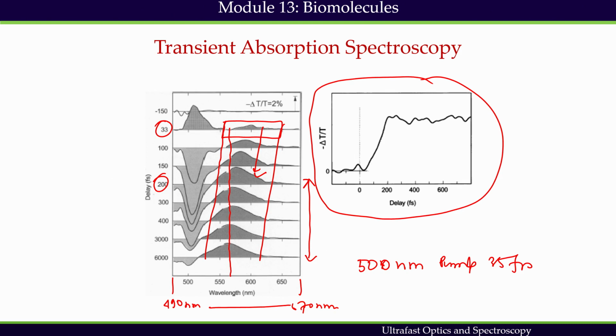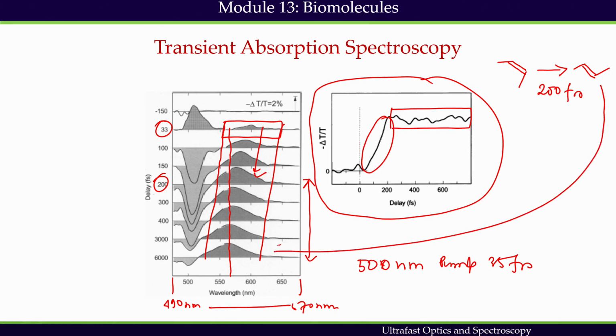By 200 femtosecond, we have created the species already. So the formation time scale of trans is going to be 200 femtosecond. So all the 11-cis product is converted to trans product in 200 femtosecond, and trans is absorbing in this regime.